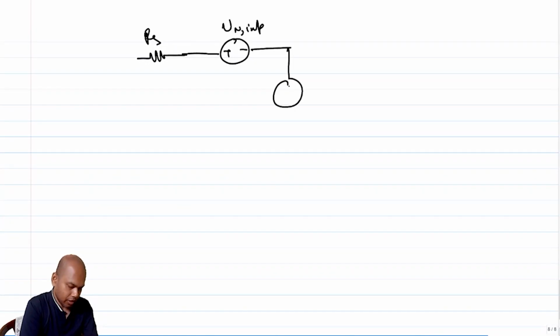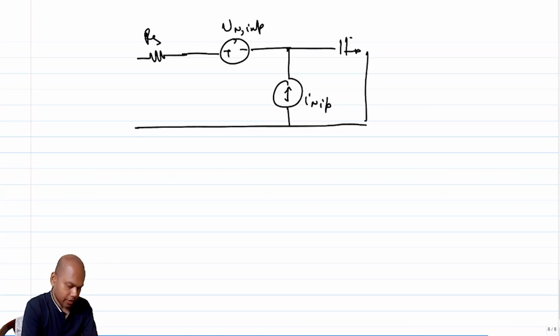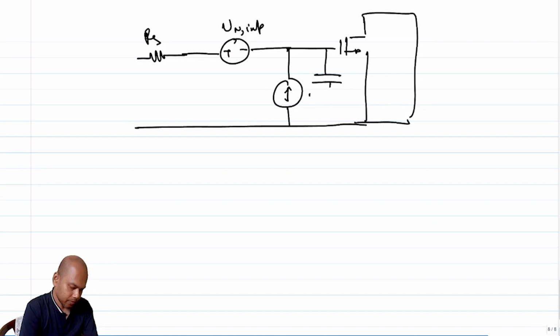The proposal is, so this is RS, we have a VN input referred, and we have an IN input referred, and we have this guy, and this CGS is here.